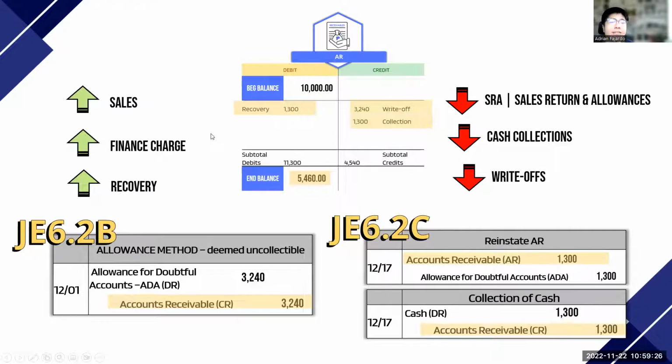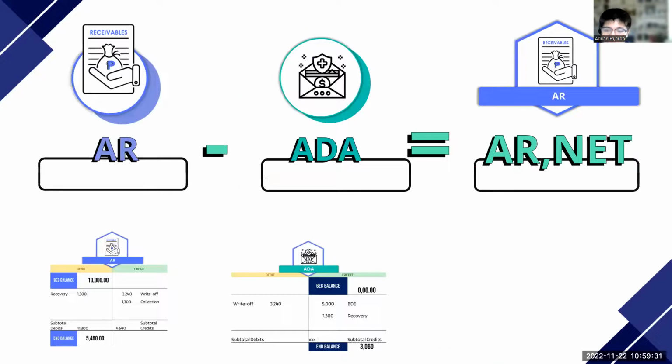So now, if I ask you, what is the net AR? Your answer should be, my AR balance is 5,460. What are the things that affected my AR? I had the beginning balance of 10,000. I wrote off 3,240. I collected 1,300 and then I recovered 1,300. So ultimately, my ending AR is 5,460.